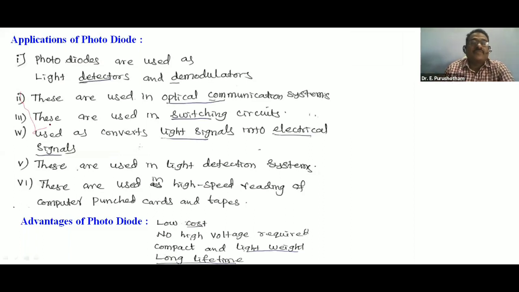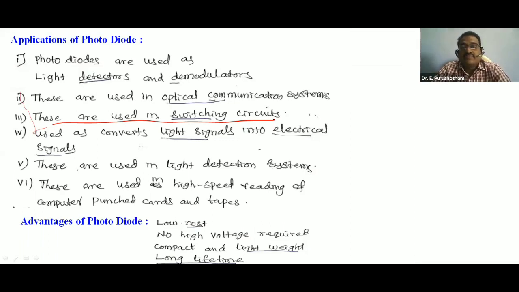Here also the same: photodiodes are used in switching circuits, that is on off buttons, power off, power on buttons. They convert light signals into electrical signals. That is the main application.